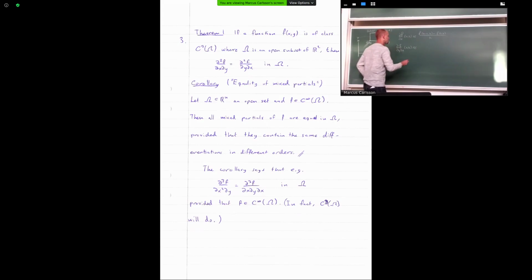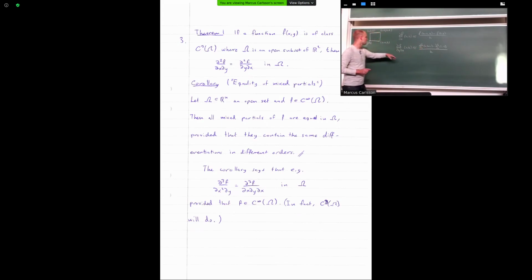So this would be the partial derivative of f with respect to x at a, comma b plus k, minus the partial derivative of f with respect to x at a, comma b.